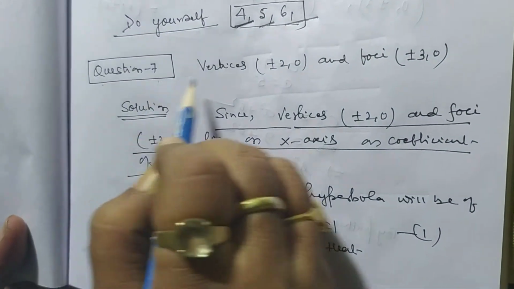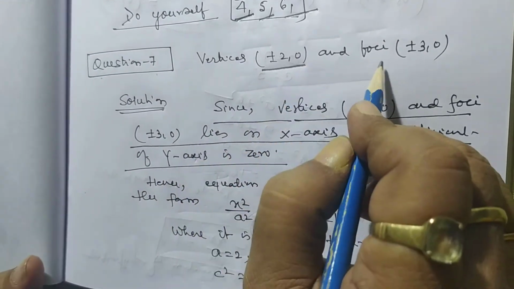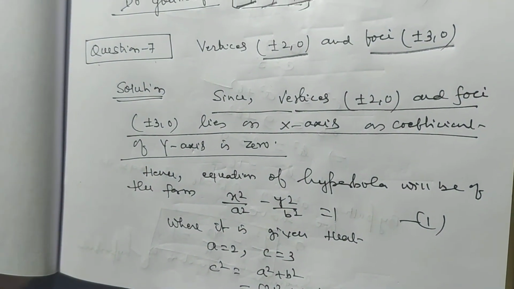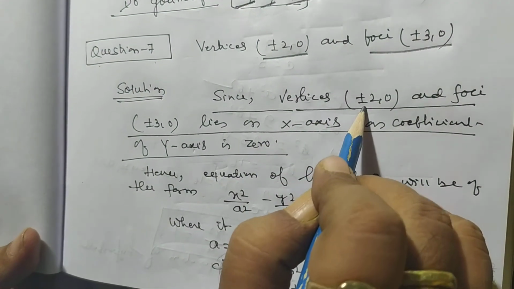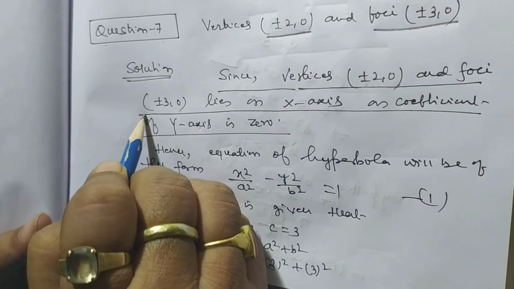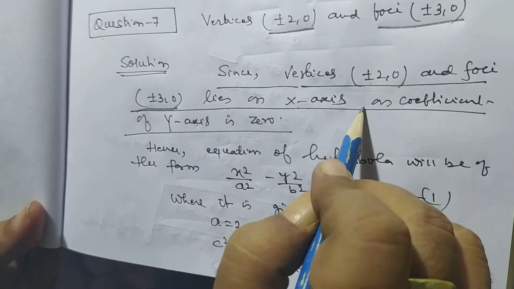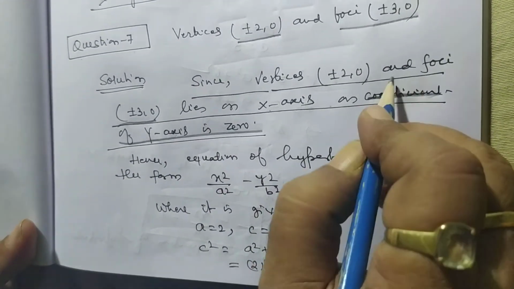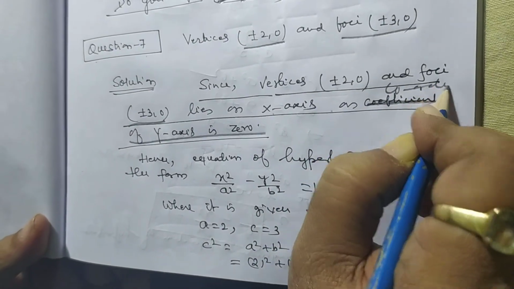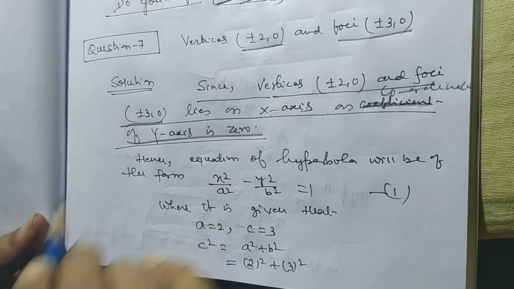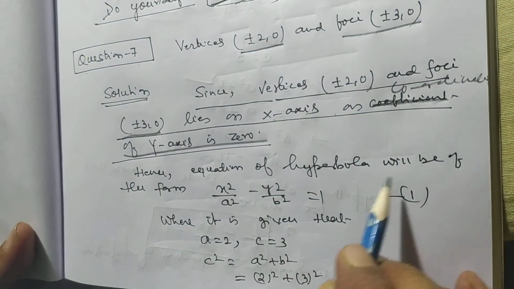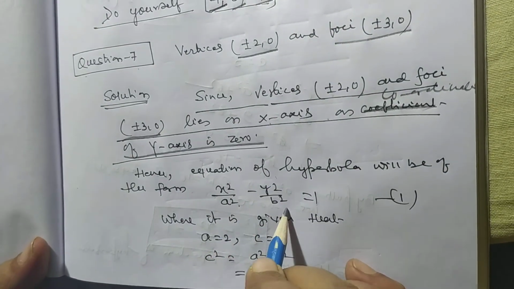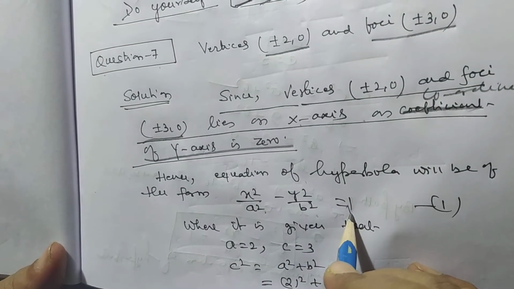Now question number 7. Vertices plus minus 2 comma 0 and foci plus minus 3 comma 0. Here components are given. My dear student, since vertices plus minus 2 comma 0 and foci plus minus 3 comma 0 lie on the x-axis, as the coordinate of y is 0, hence the equation of the hyperbola will be of the form x square by a square minus y square by b square is equal to 1.